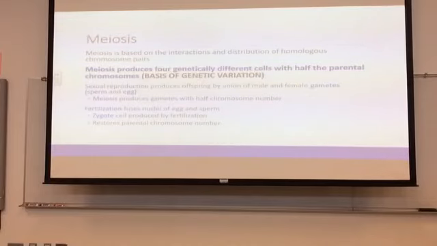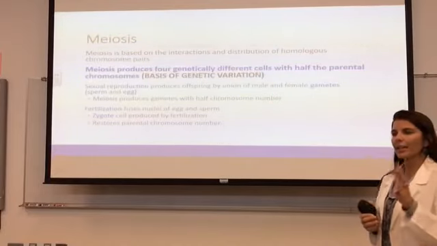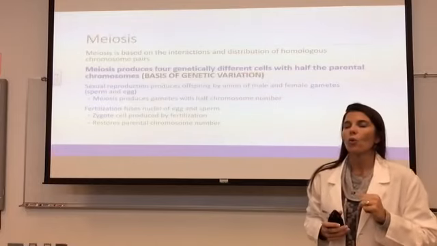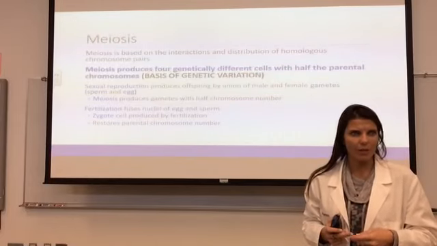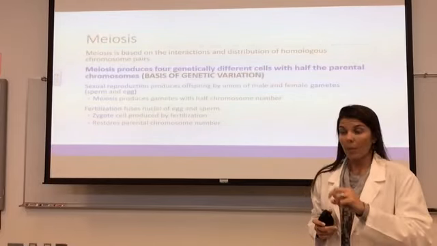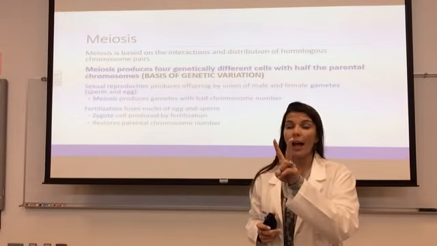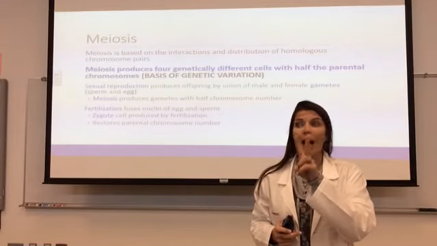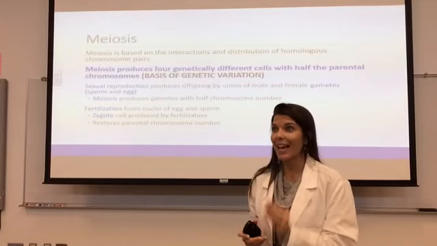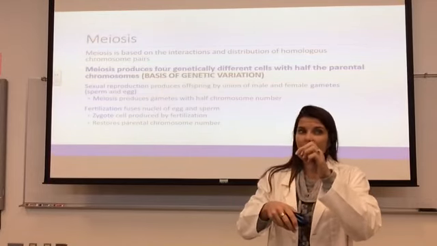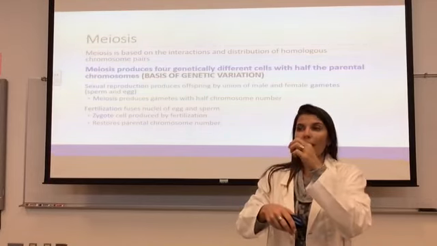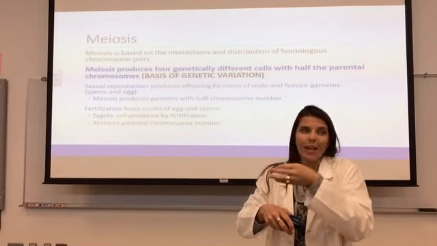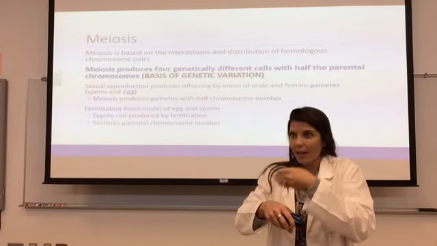How is producing 4 genetically different daughter cells different than mitosis? Mitosis makes 2, and they're genetically identical. They're the exact same. So if I have a skin cell and I want to make a copy of it, I want it to be exactly the same so that my new skin looks identical to my old skin.